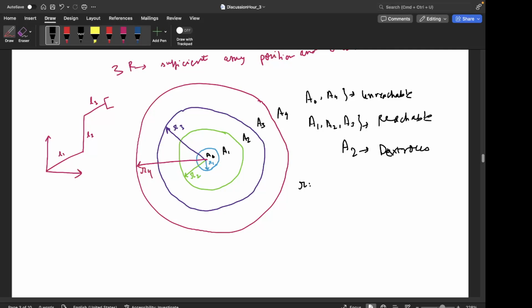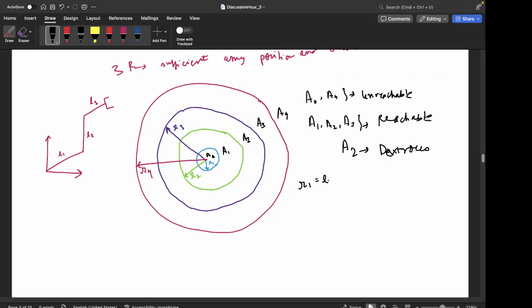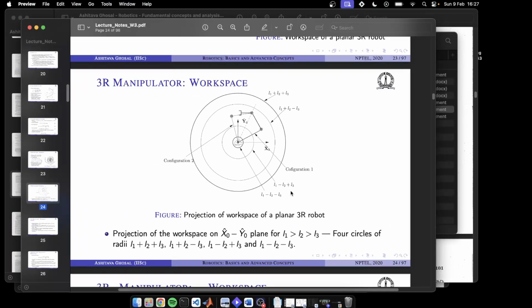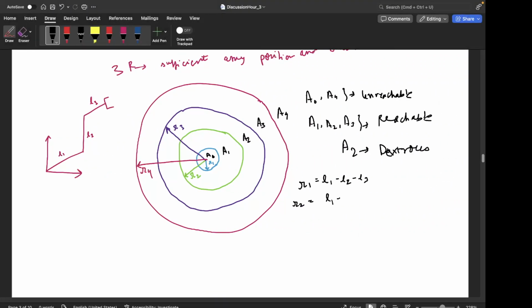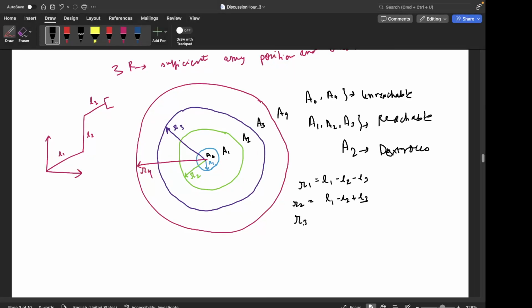And R1 is L1 minus L2 minus L3. R2 is L1 minus L2 plus L3. R3 is L1 plus L2 minus L3, and R4 is L1 plus L2 plus L3, right?